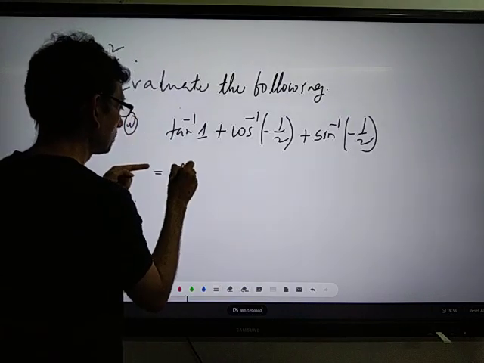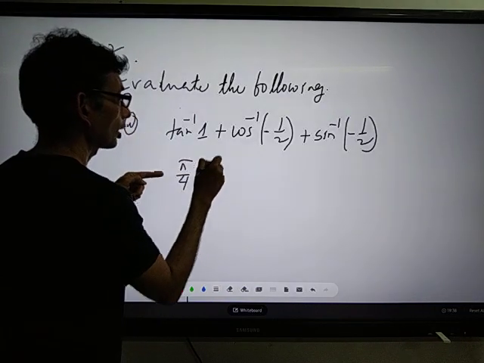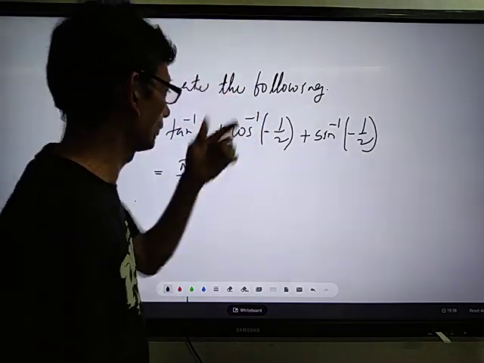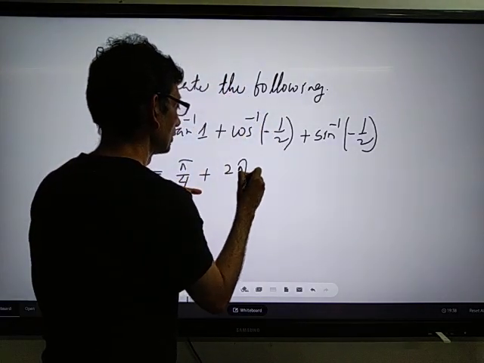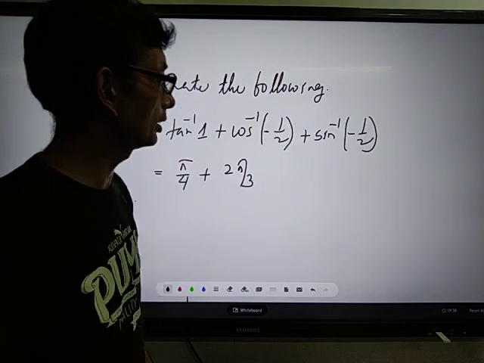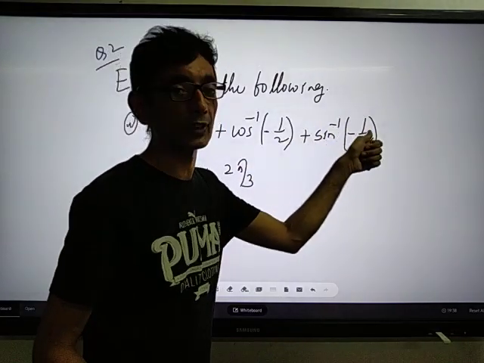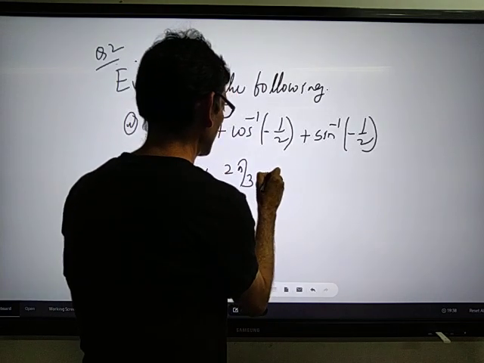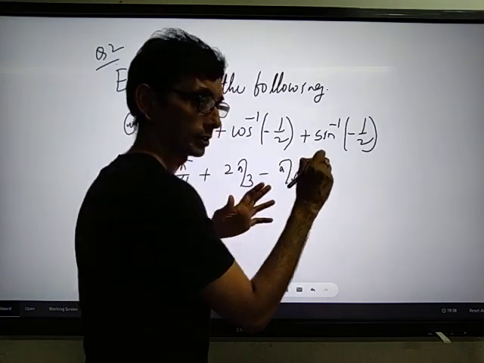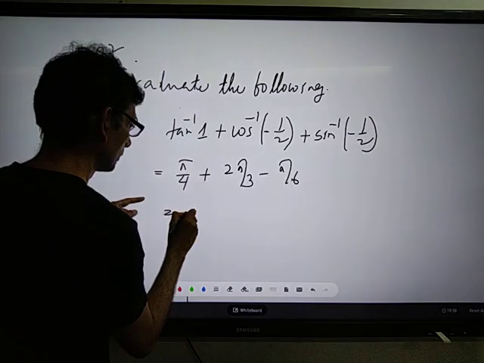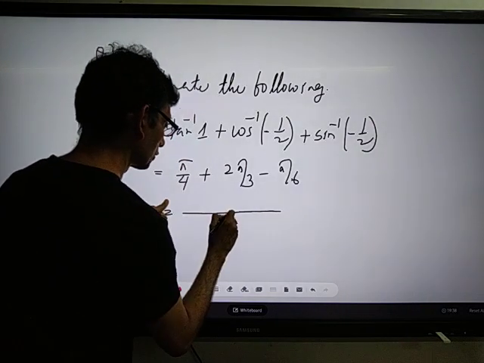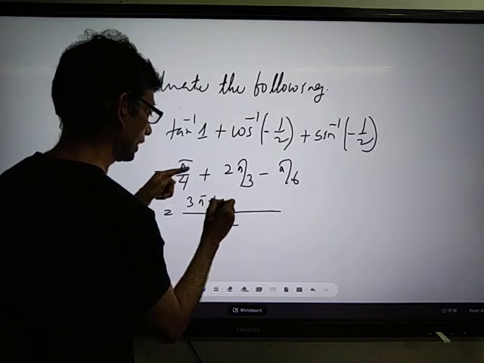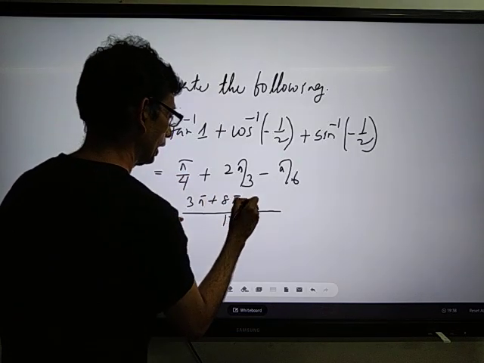Tan inverse 1 is pi by 4. Now cos inverse minus half, just now we have done. What is that? That is 2 pi by 3. Then sine inverse minus half, that also is done. That is minus pi by 6. Is equal to, the common denominator 12: 3 pi, 8 pi, and minus 2 pi.